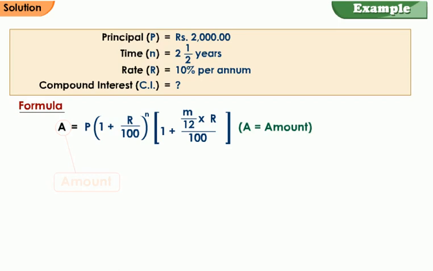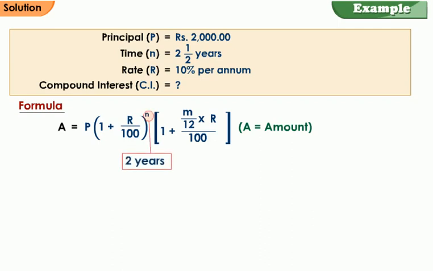Students, here P is equal to rupees 2,000. R is equal to 10% per annum. N, that is the number of years in time, equals 2 years, and M, the number of months, is equal to 6. That is half, yeah.